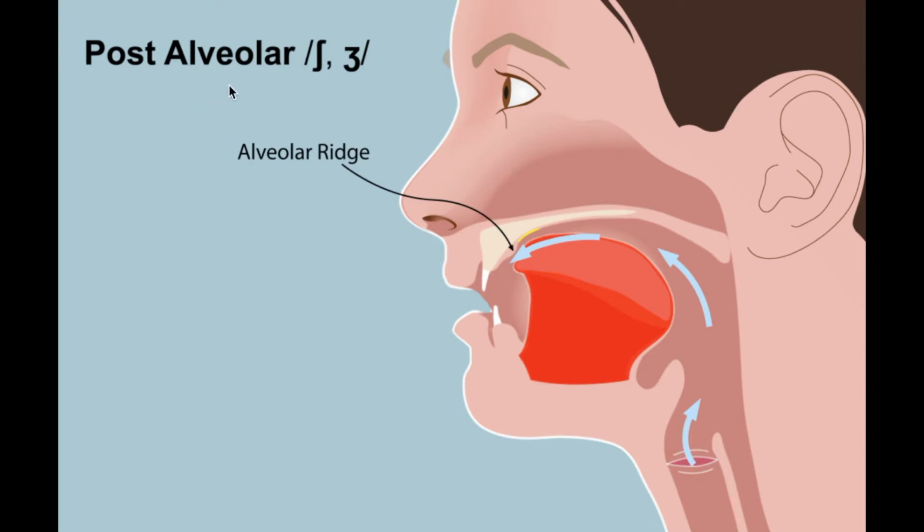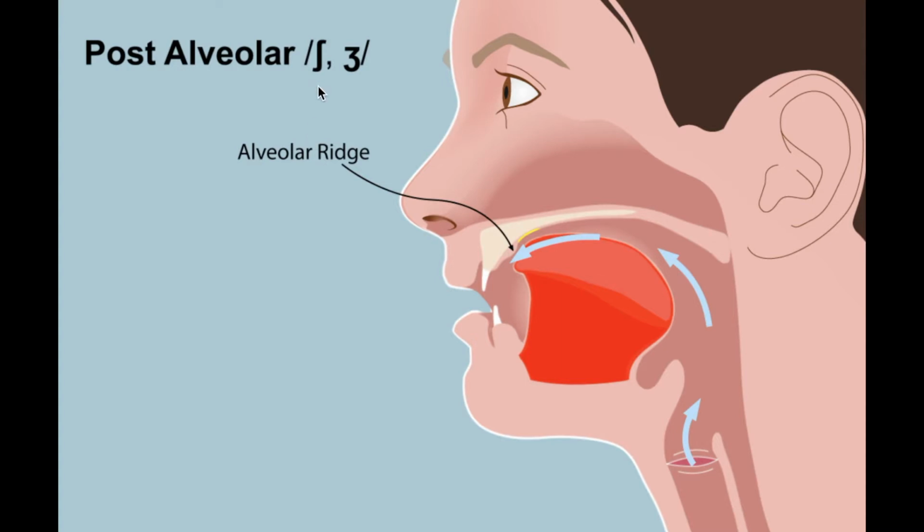Hence the name post-alveolar. Now the area of articulation for an SH sound is somewhat more diffuse as compared to the S. That's why the S in a way can be described as a sharper sound. So SH is more diffuse. Nevertheless, the air comes from the lungs and squeezes through this relatively tight space, creating that sh sound.